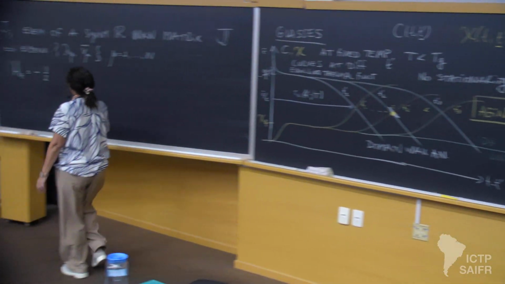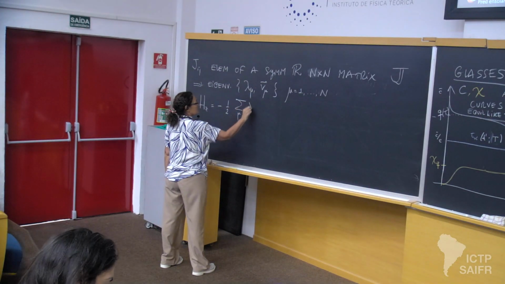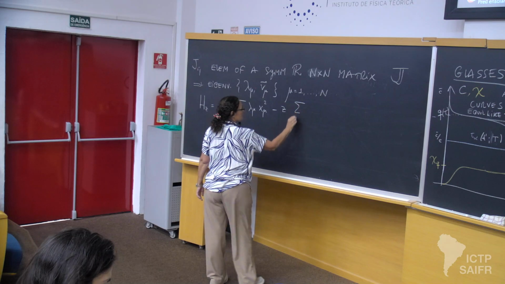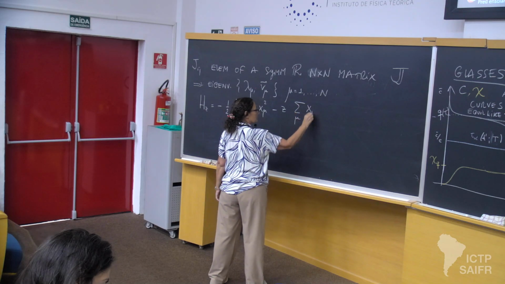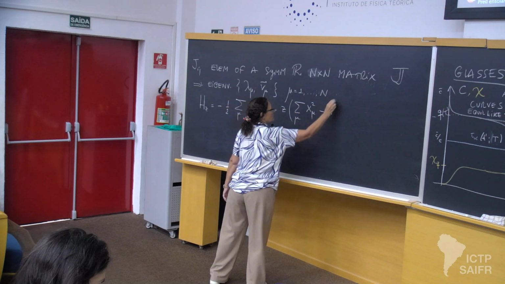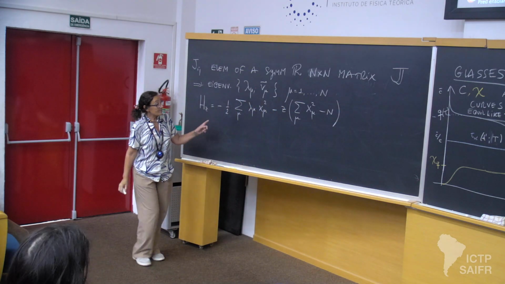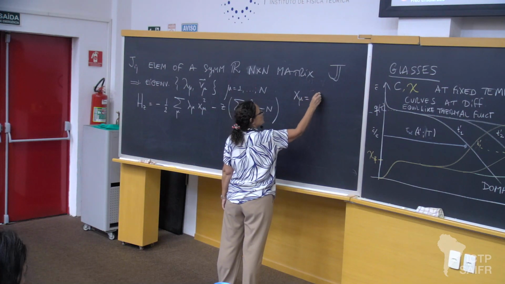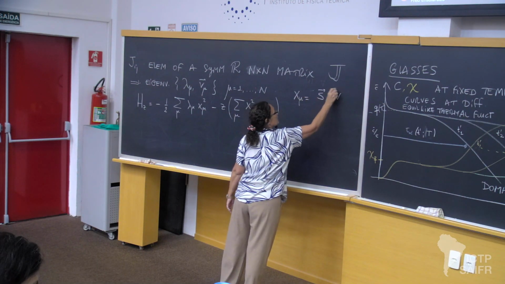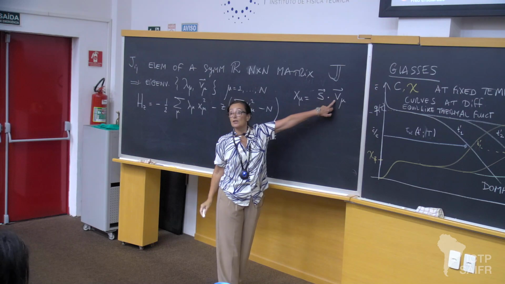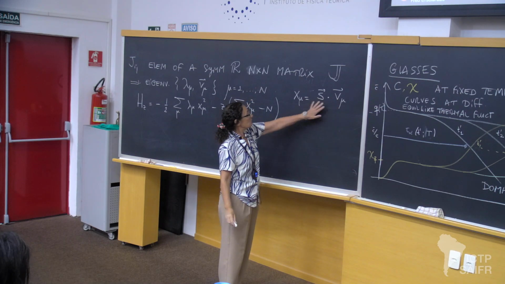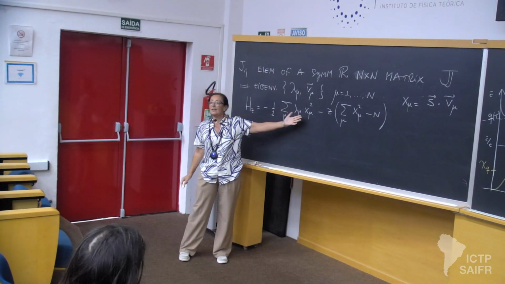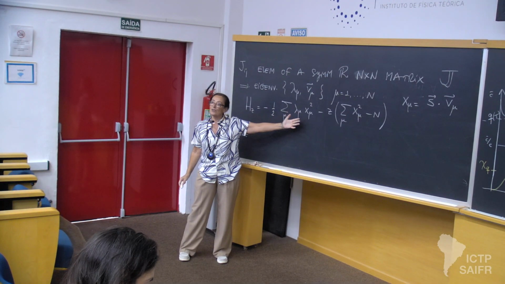So the Hamiltonian becomes this, where I have defined x mu as the projection of the vector S on the eigenvector mu. That's the definition of x mu. So this became almost independent harmonic oscillators.